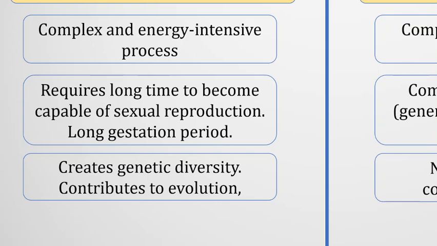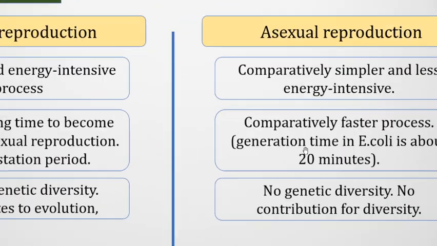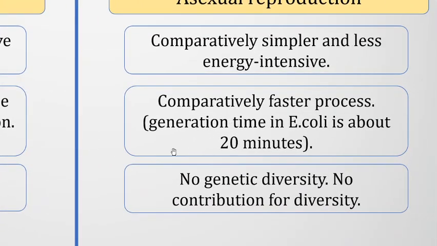There will be some genetic variation, and this variation contributes to the further evolution process. But in asexual reproduction, there is no genetic diversity. The offspring are totally identical, totally cloned from the mother organism. So there is no genetic change in the offspring, so that doesn't contribute to evolution or diversity.